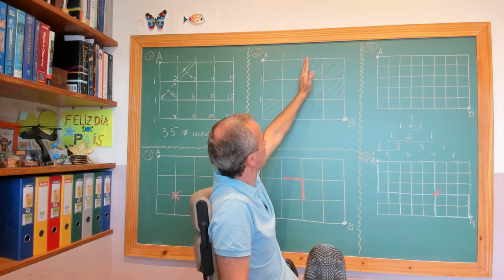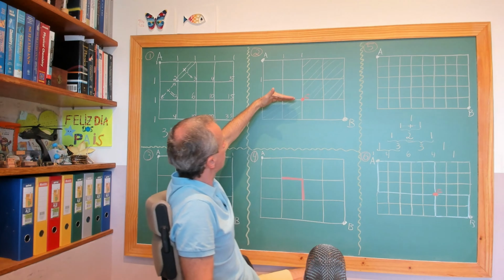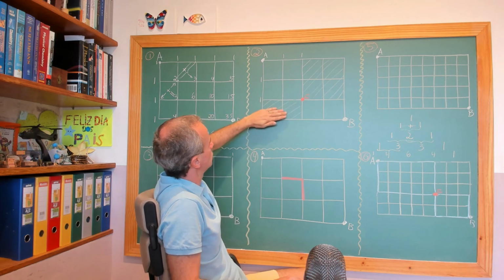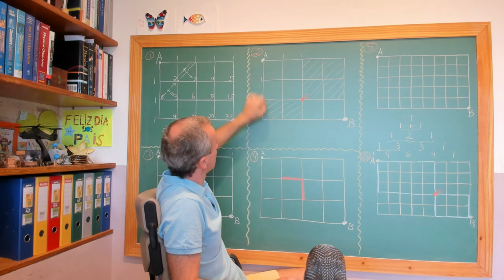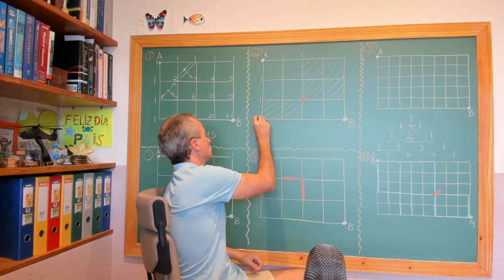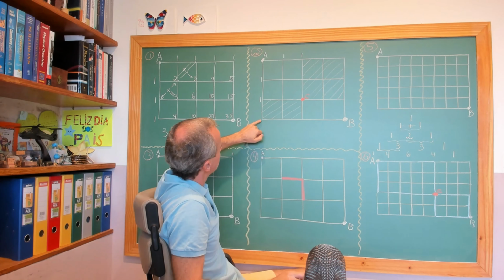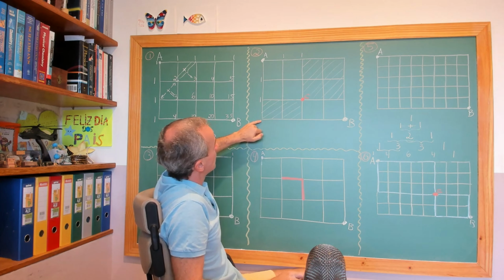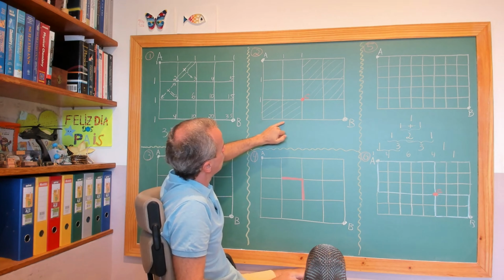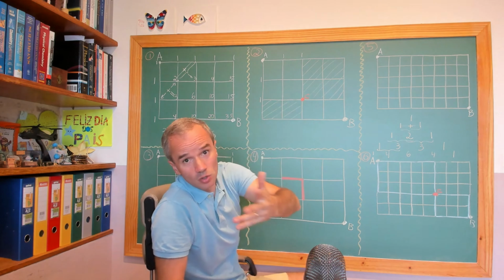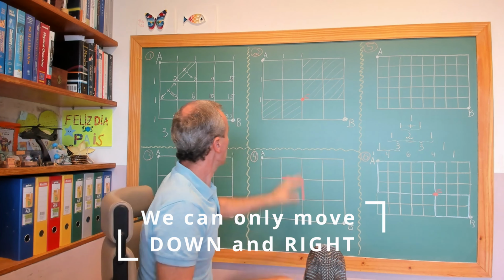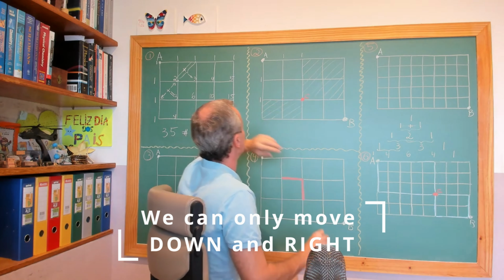So all those to the front and all those lower than C, I cannot use, because let's suppose I'm allowed to go into this point. Yeah, I could. This would be 1. I won't write it because I cannot go in here, but let's suppose I could. Then to go to C, I would have to go in here, up, or in here and up. I cannot go up, I told you. So those areas are not going to be used.